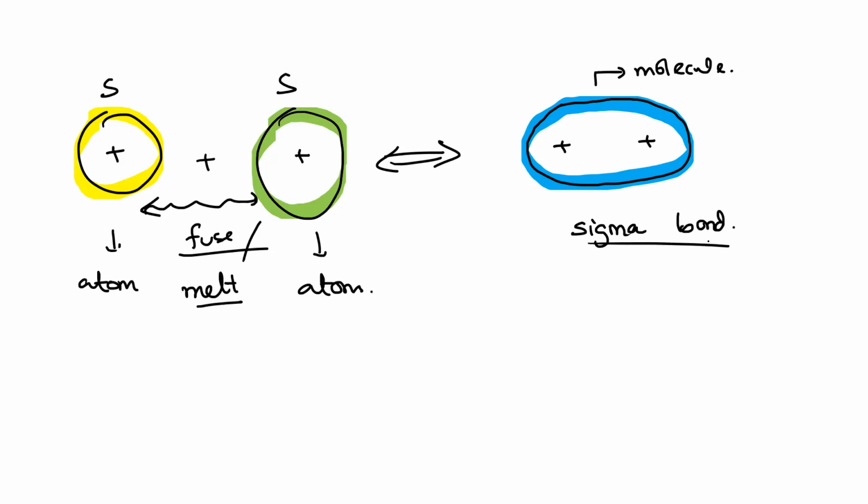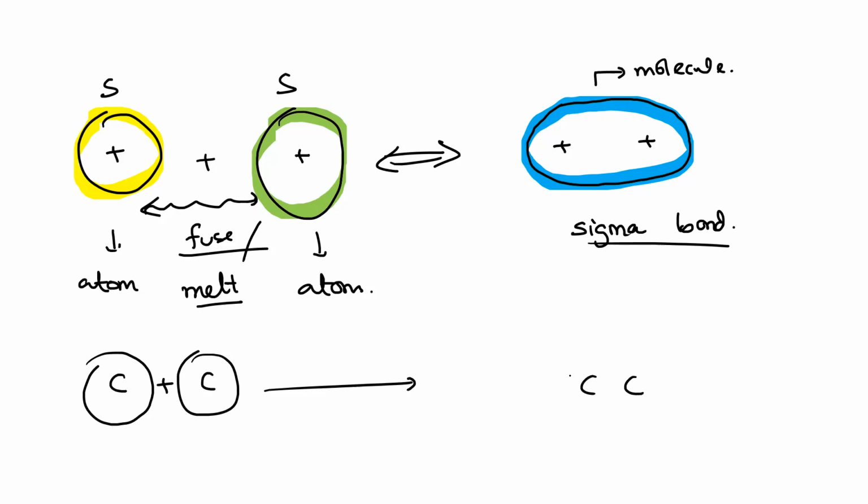If we are studying a sigma bond for carbon, let's say we have an s orbital here and an s orbital here for both our carbon atoms, they're going to fuse like this. So this is going to be the bonded region. Do you get it? Is that understood? It's the same example you gave above, right? Yeah. Okay.